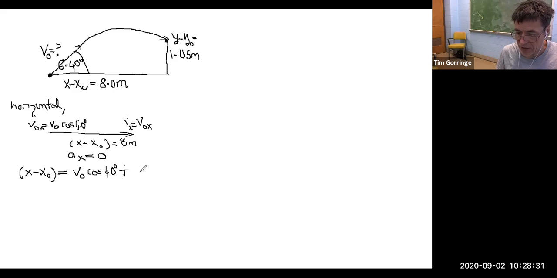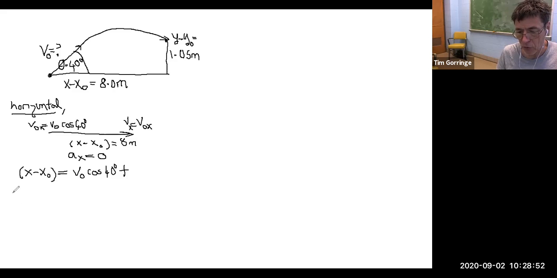And if there was an acceleration, there would be a 1/2 at squared here as well. But in this case, there's no 1/2 at squared because there's no acceleration. So I'm just using one of the equations of motion, the one for the displacement, and applying it to the horizontal motion.